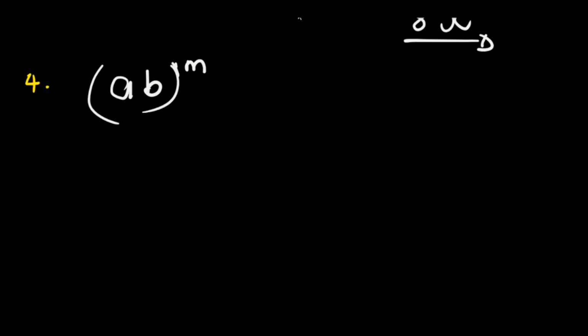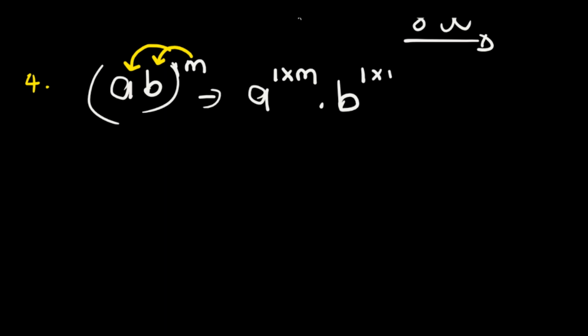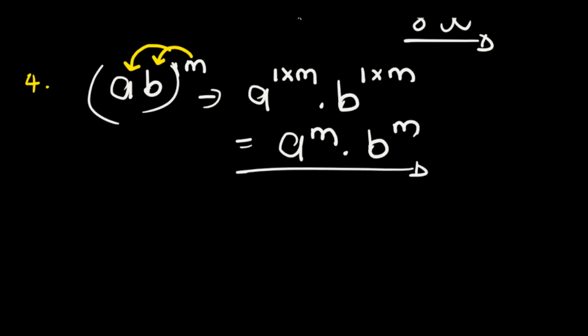So as I said in the previous law, the power from the outside of the bracket will multiply any power that it finds inside the bracket, of which here we know very well that the a has the power 1, so it's going to multiply the m, and then the b has the power 1, so it's going to multiply the m, right? So you're going to have a to the power of m multiplied by b to the power of m, and that is how we apply this law.